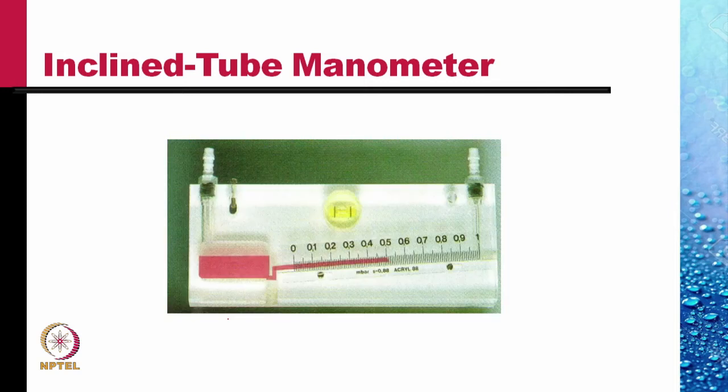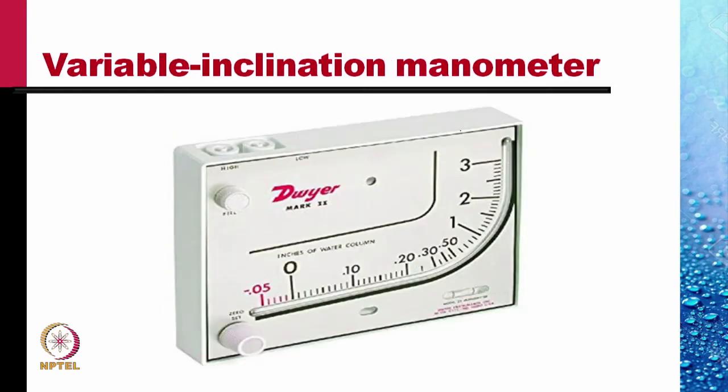This is a commercially available inclined tube manometer in which the two pressures are connected at this nozzle and this nozzle, and it measures the difference along the scale shown. This is another inclined tube manometer in which the inclination is variable. The errors in very low measurement of liquid heights are very large compared to errors in the larger height.